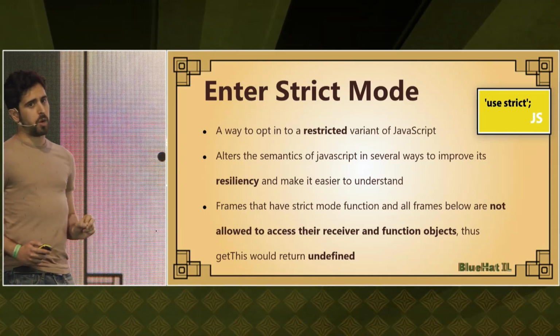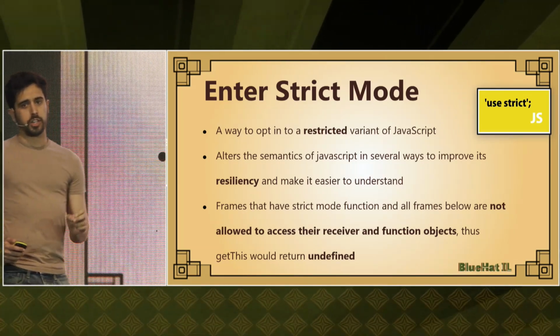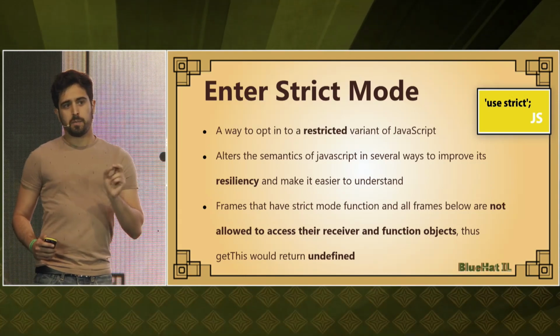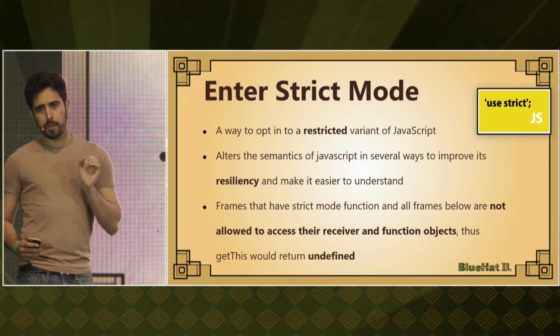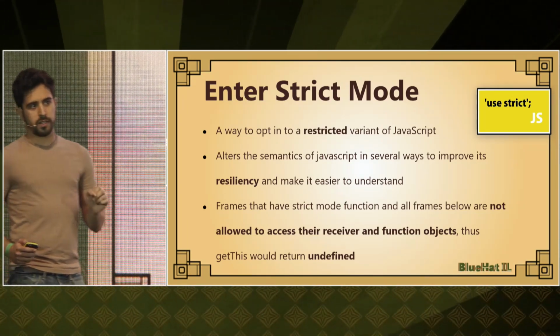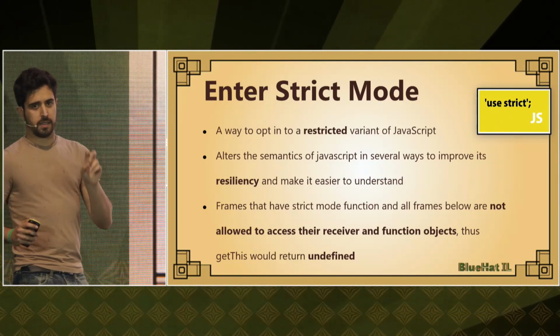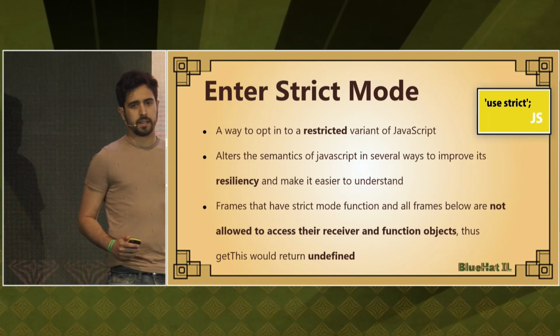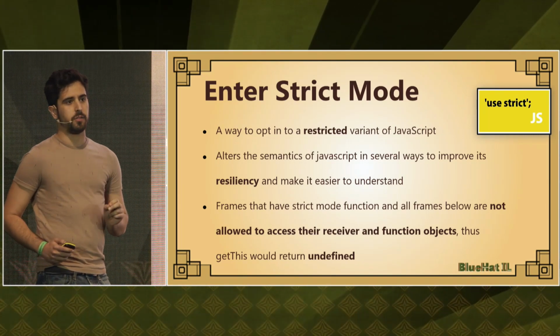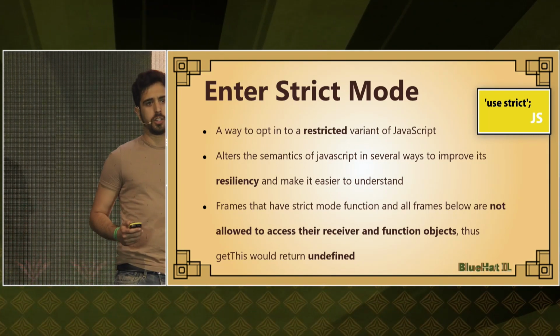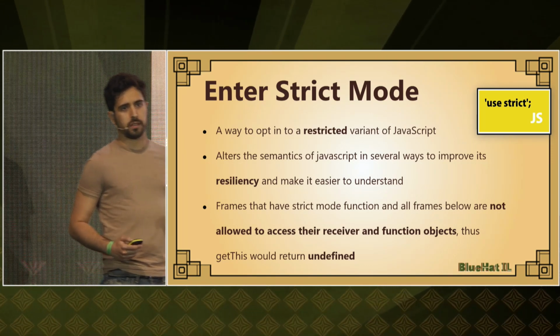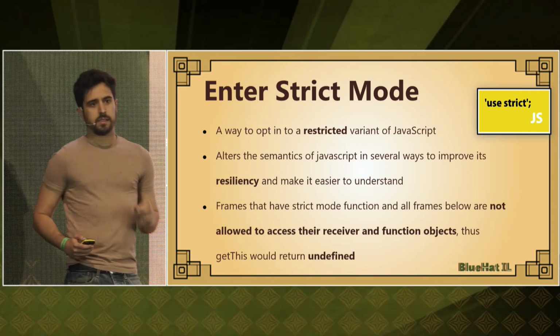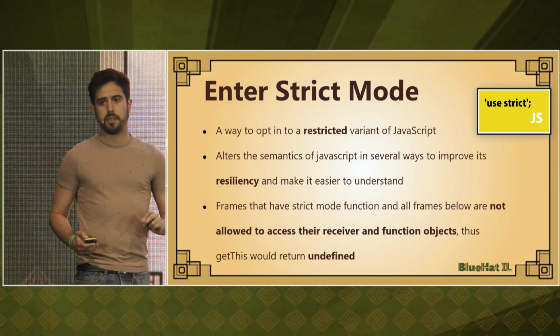Another important thing about strict mode is that once a function opts into strict mode, it makes the entire call stack up to that function also inaccessible, opting into a semi-strict mode. So this explains why we got undefined returned as the value, because a specific function in our call stack had opted into strict mode, making the getThis function return undefined.